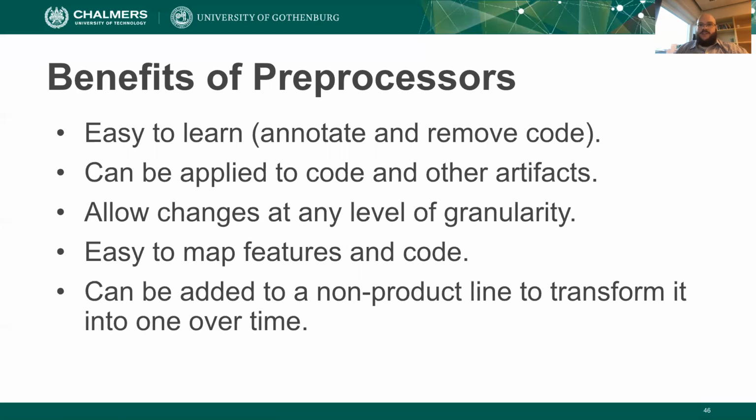Since most preprocessors are fairly simple, it's usually easy to extract your feature to code traceability, or linking between the feature and where it is in the code, right? And this is also a suitable way to move from a non-product line approach to one where you become a product line within your code base, because you can add some preprocessor directives to your existing code and add more over time and refactor over time. So this lightweight, easy to learn, easy to adopt nature makes them very popular in practice.